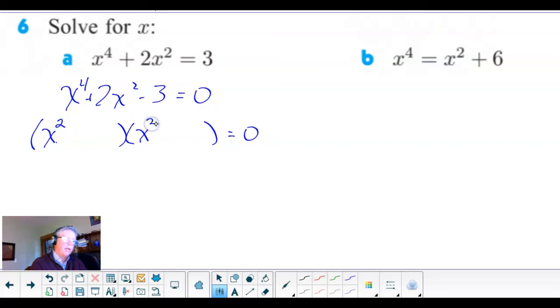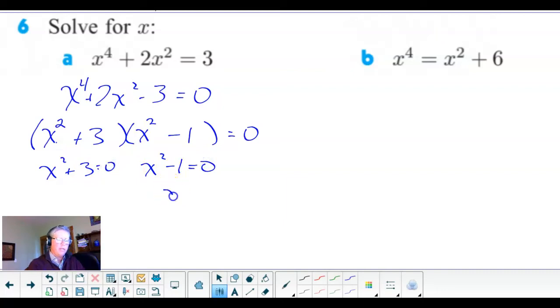x squared, two things that multiply to give you negative 3 that combine to positive 2 would be plus 3, minus 1. I think that works. Yep. So now we have two different problems to solve. That's the zero product rule. I'll do the tough one. x squared equals 1, x equals plus or minus 1.